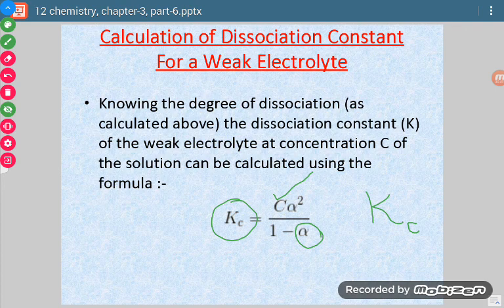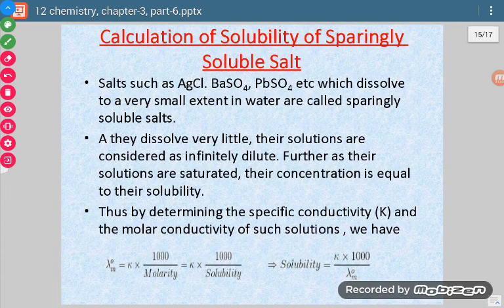First we calculated lambda m naught, or lambda m infinity. Then we calculated alpha. Now by the use of alpha we can calculate the value of Kc. So this is our third use of Kohlrausch law.